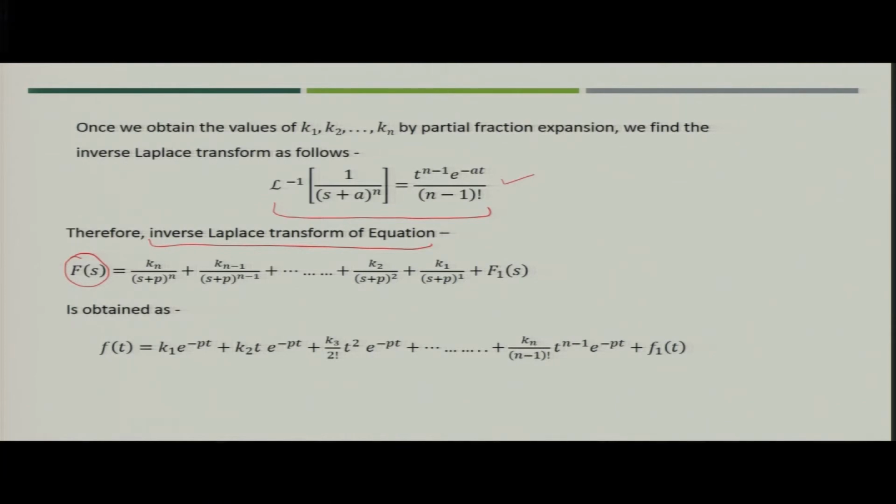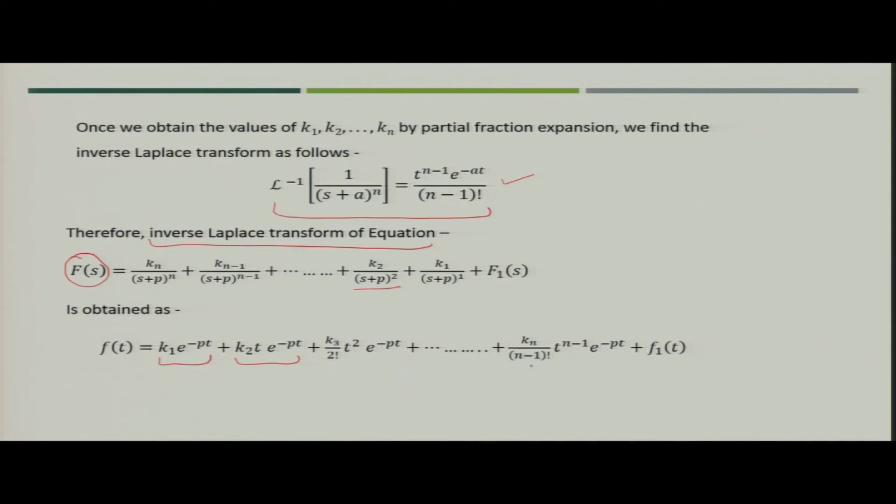So, if you compile the individual terms, for the first one you can simply write K1 into e to the power minus p t. For the second you can write K2 into t e to the power minus p t, and for the third term similarly you can write K3 upon factorial 2 into t square e to the power minus p t, and so on.